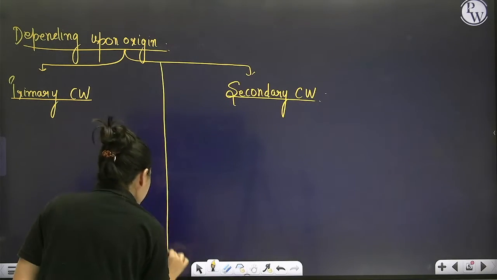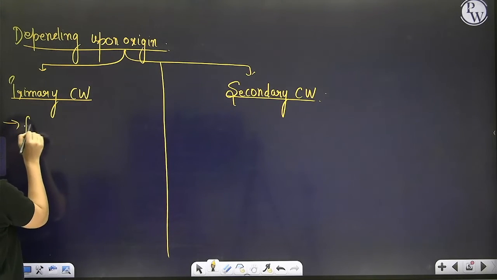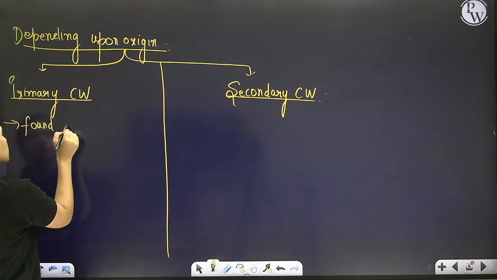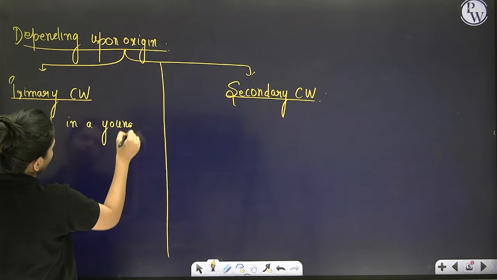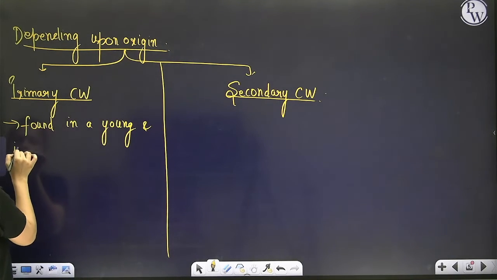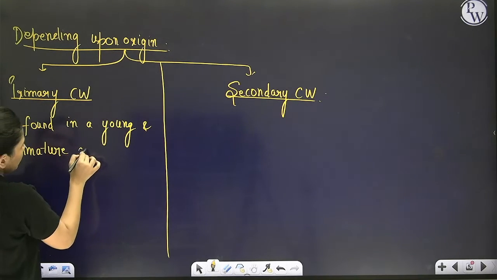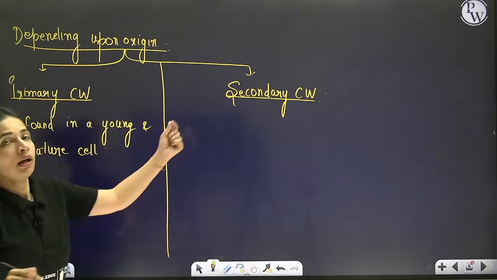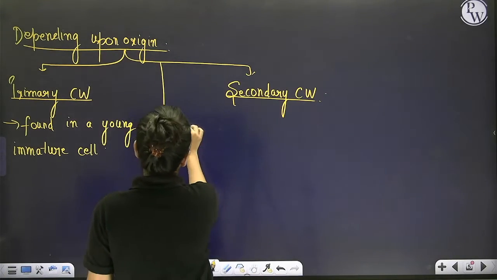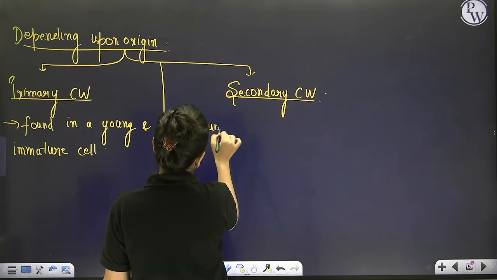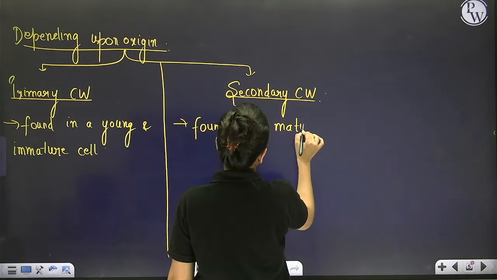So the primary cell wall, beta, is found in an immature cell. It is found around a young and immature cell, whereas the secondary cell wall is found around a mature cell, found in a mature plant cell.